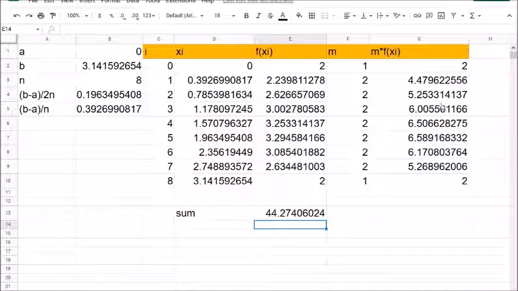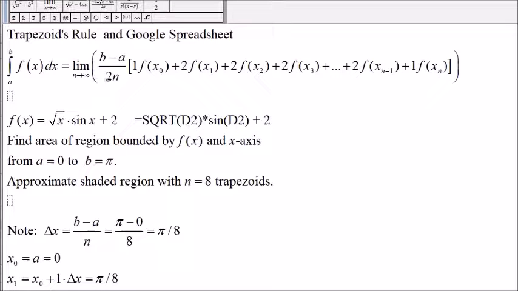And the sum of these numbers is 44.2740. The sum of the 8 trapezoids is b minus a divided by 2n, multiplied by this sum.